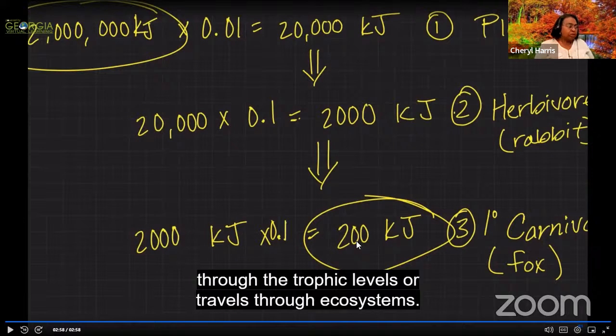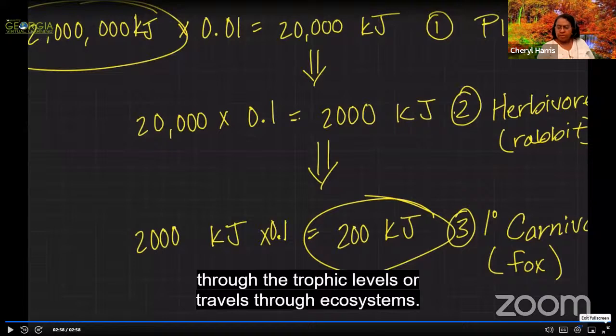So they usually just die off for other reasons; they're not usually the prey. Let me put it that way. And they have very little energy to pass on because they're using all of their energy. Okay. Everybody understands the 10% rule.